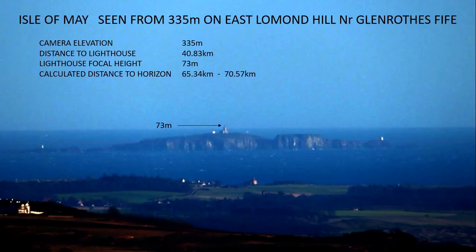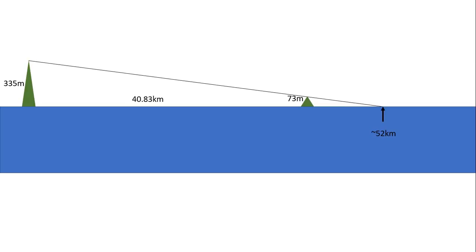And the same applies here. If we draw a line across the horizon, you can see that a significant portion, most of the lighthouse tower itself, is actually above the horizon. And this is impossible on a flat Earth.